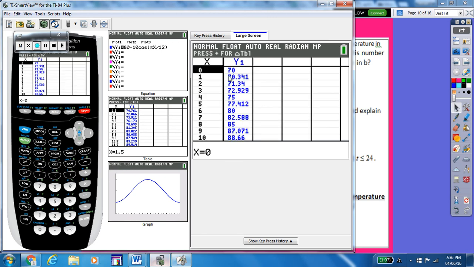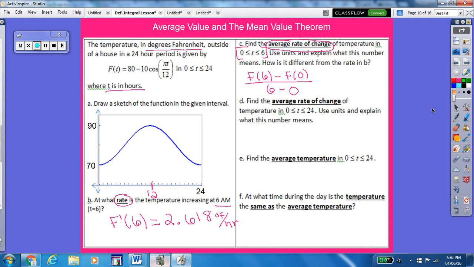You'll see at 0 it's 70, and over here at 6 it's 80. So we end up with 80 degrees minus 70 degrees over 6. And that is going to be 10 divided by 6, which is 1.666, so if we round, about 1.6 repeating.